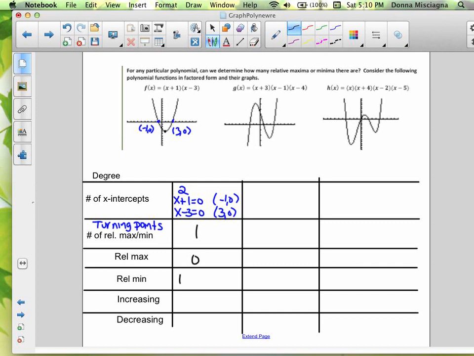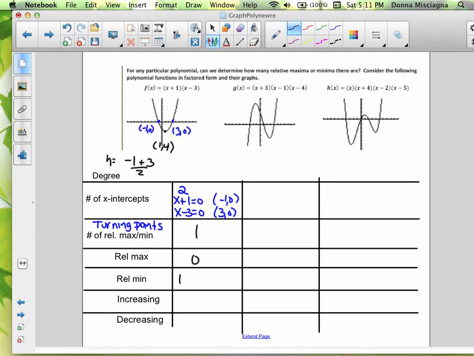And actually over here, let's write our turning point. Our turning point is right there at 1, looks like it's 1, 2, 3, 4. I could check, and this is actually a good opportunity to review how to find a vertex when it's in factored form or intercept form. If I add my x-intercepts and divide by 2, that gives me the x-coordinate of the vertex. So negative 1 plus 3, divided by 2.